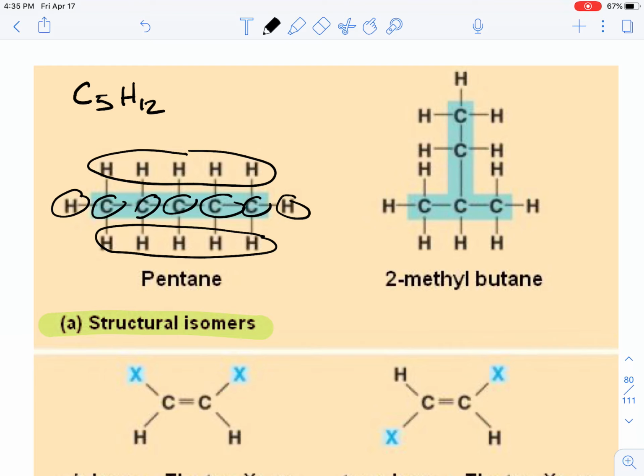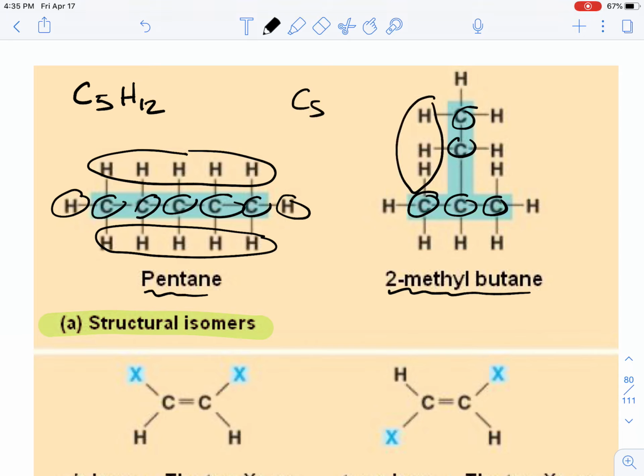Looking at 2-methylbutane, notice that the names of the two compounds are completely different from each other, so one might suspect that they don't have any relationship. But if you count, once again, the number of carbons, 1, 2, 3, 4, 5, and the number of hydrogens, here there's 3, 6, 9, 10, 11, 12.